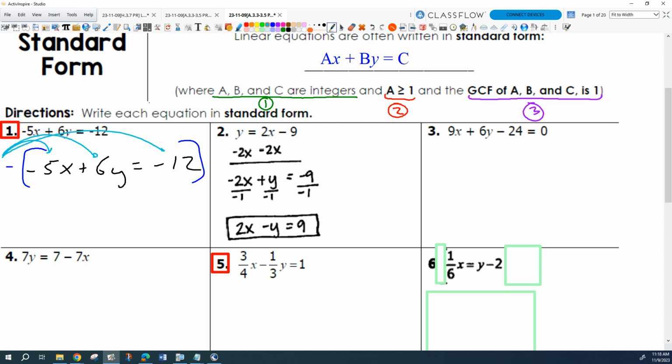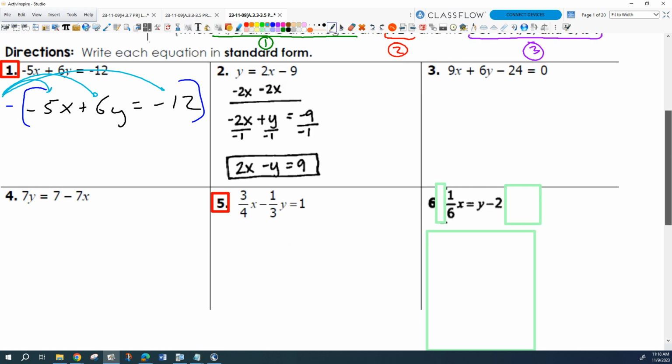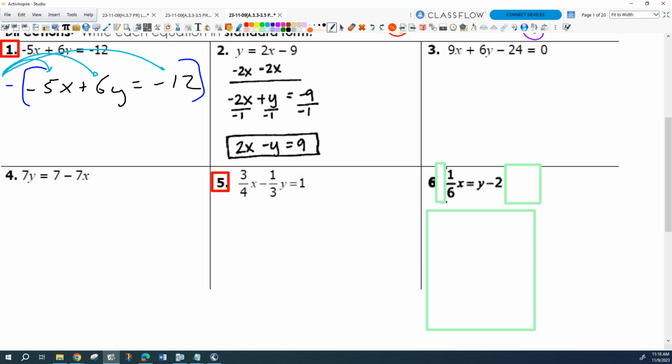And when I multiply an equation by negative 1, it just flips all the signs. That's it, right? So this one becomes positive 5x minus 6y equals positive 12. And I'm done. That's it. Okay? Make sense? That's in standard form.